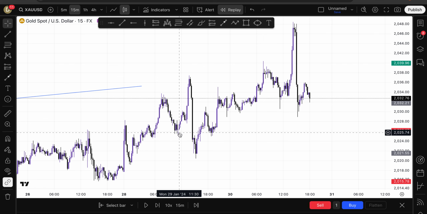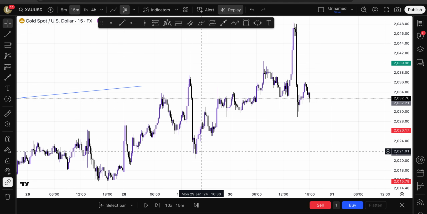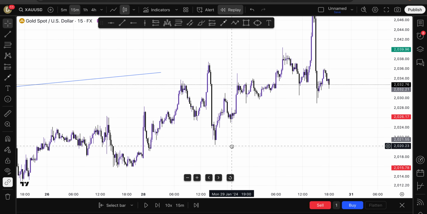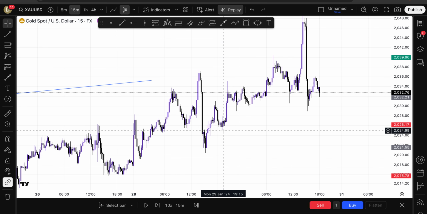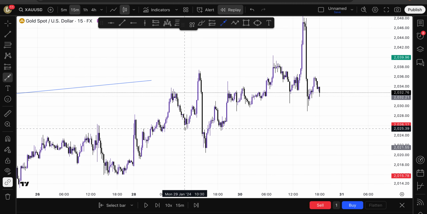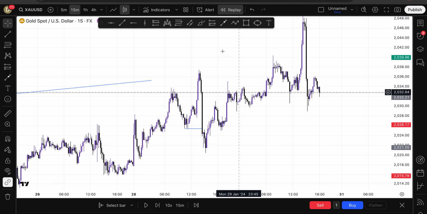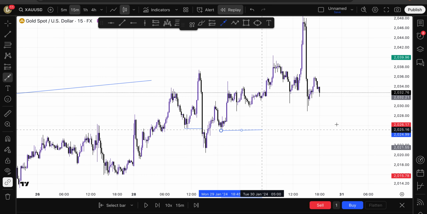If we call this our structural liquidity, our liquidity sweep, we will not take a trade until we see it touch, because this is structural liquidity.